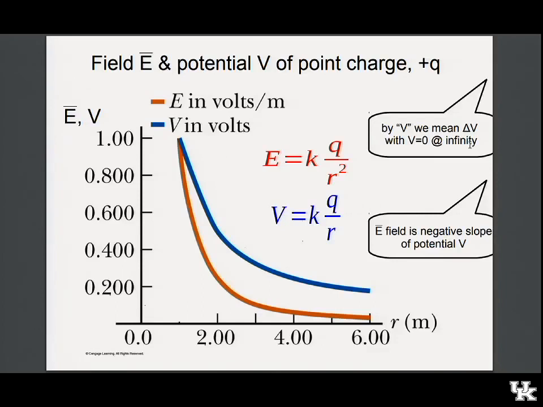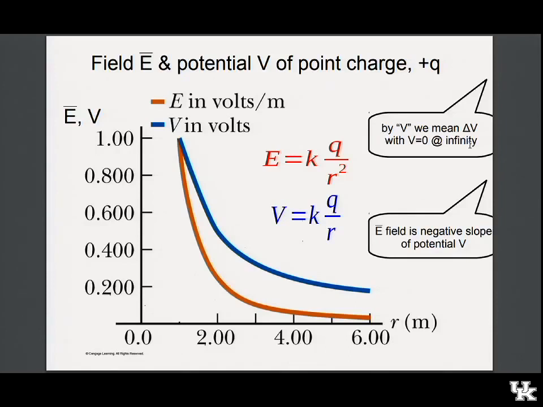If it's downhill, that's a negative slope, but the field is the negative of the slope, and so the field is positive. That's the first thing. And the field is strong because the potential is changing quickly.